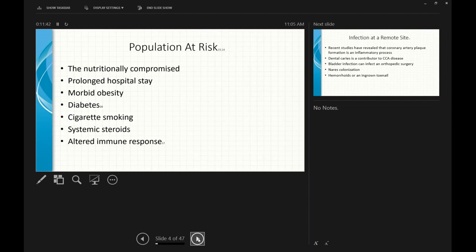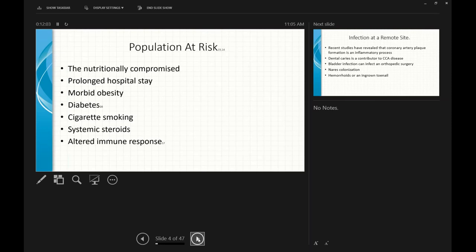They'll be nutritionally compromised due to their own medical problems, or the patient may have had a prolonged hospital stay. This also identifies the patients that are institutionalized. They have time to colonize.